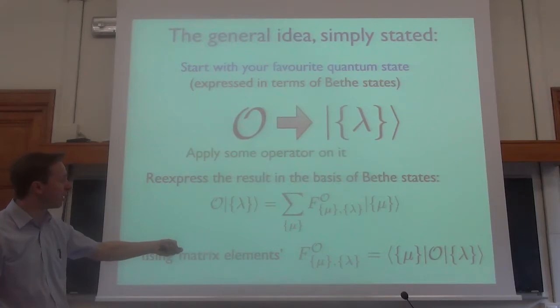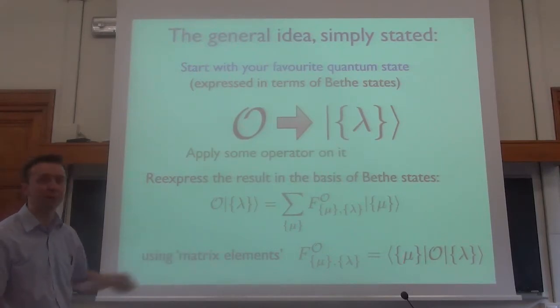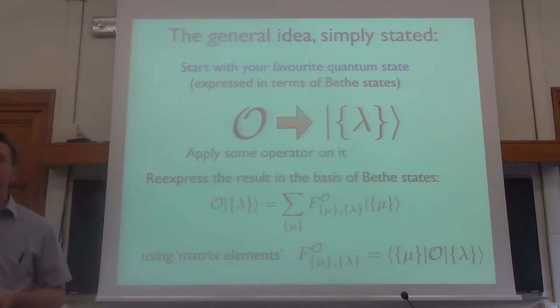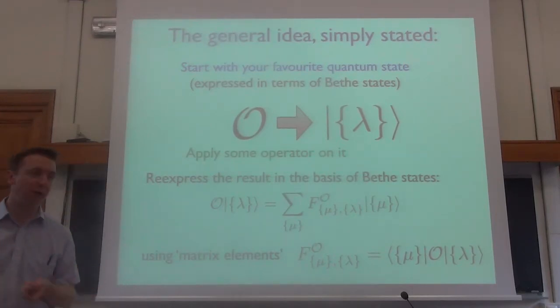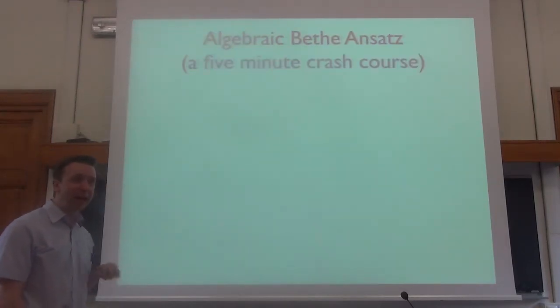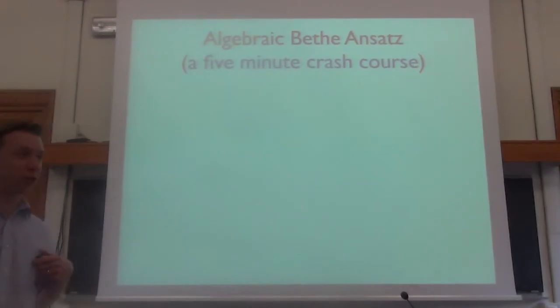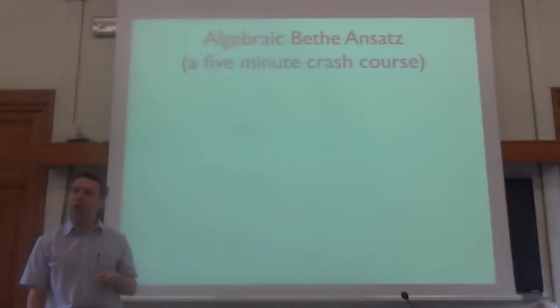So calculating these things is a big challenge, and that's one of the main accomplishments of the algebraic Bethe Ansatz, to make such calculations practically possible. So if I get invited to Firenze again in the future, then I will give you a course on the algebraic Bethe Ansatz to show you how to do this.